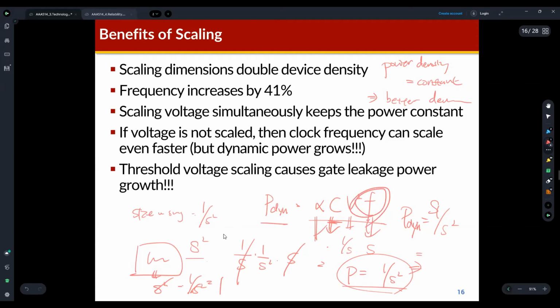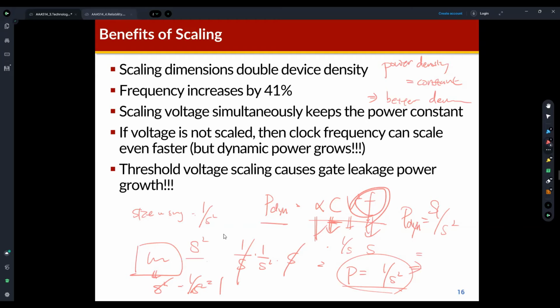So without doing any architectural effort, without any architectural ideas or solutions, if the semiconductor technology is advanced, then we can use better devices freely, okay, without any increase of dynamic power consumption.